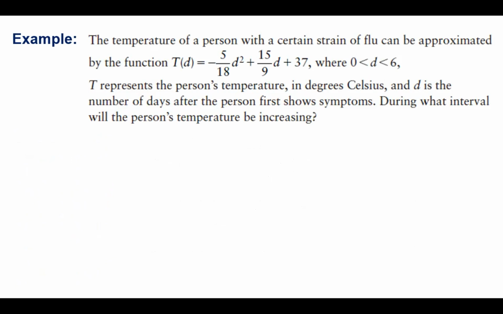Uppercase T represents the person's temperature in degrees Celsius, and d is the number of days after the person first shows a symptom. During what interval will the person's temperature be increasing? Okay, so it basically asks you to find any interval where the person's temperature is increasing, right? Okay, I'll give you 5 minutes to have a look at this question here.